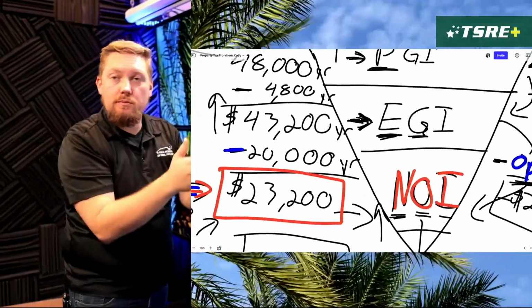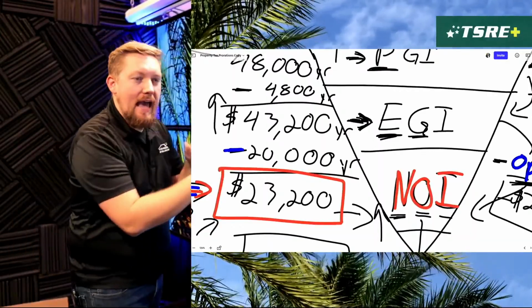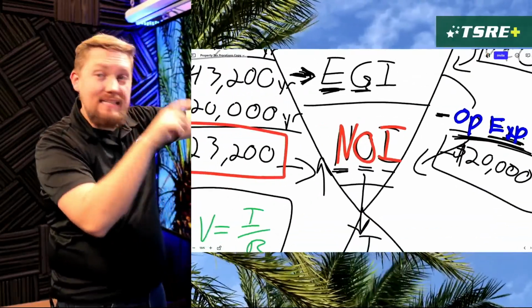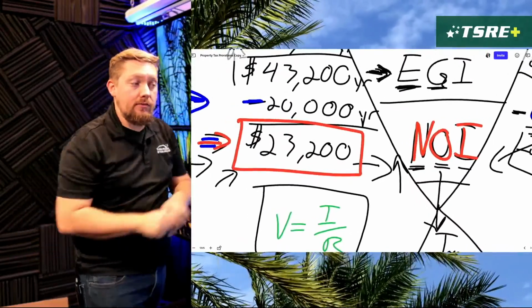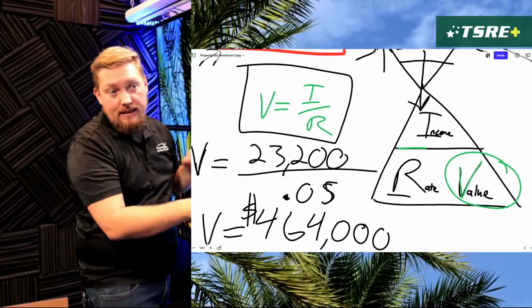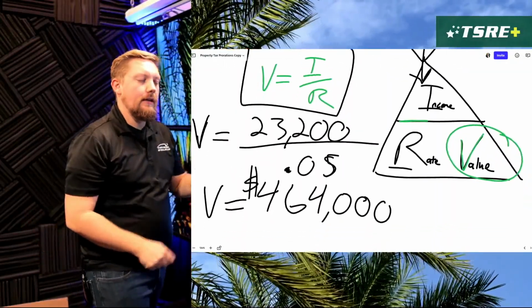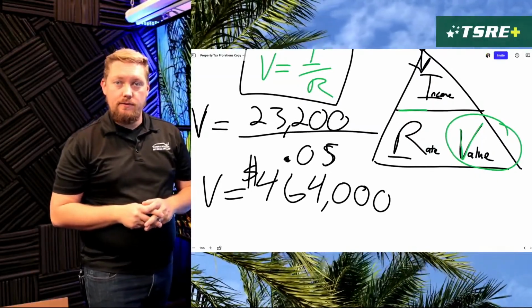What we actually bring in is the effective gross income. We subtract out the operating expenses to get to our net operating income, which is not operating expenses, that's $23,200. We could then take that, divide it by the cap rate, because again, income divided by rate equals the value, and that's going to give you the value of $464,000.